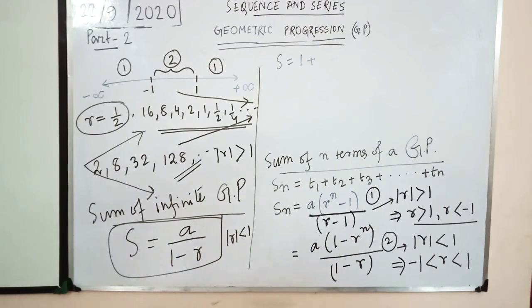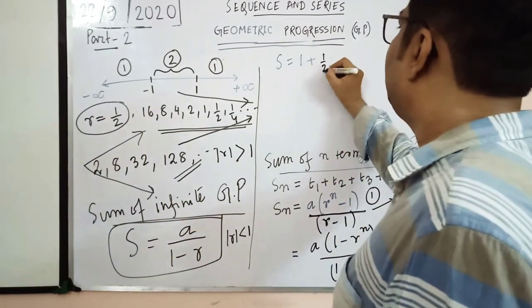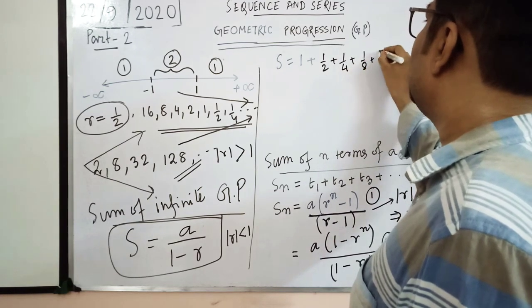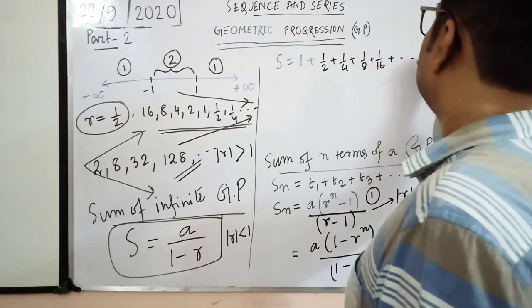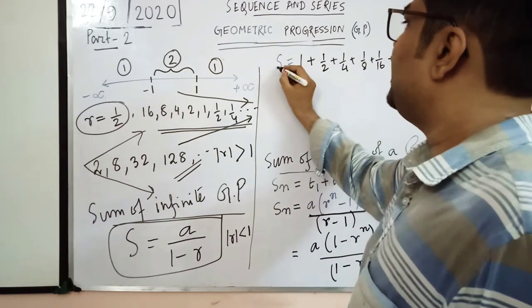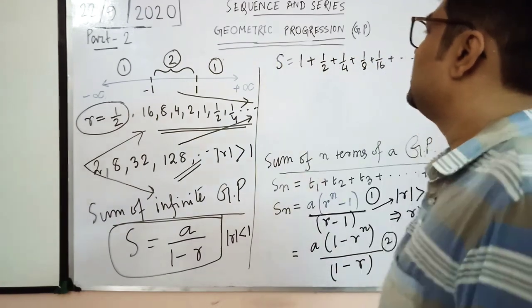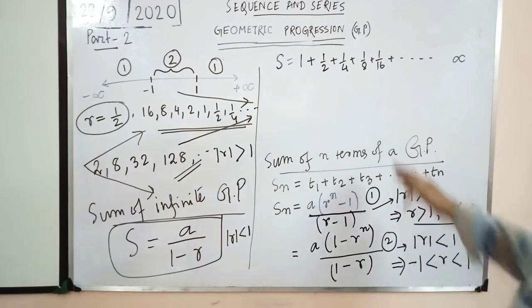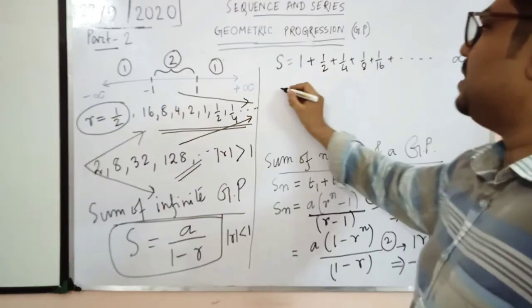So 1, then half, then 1 by 4, then 1 by 8, then 1 by 16, up to infinity. We want to find the summation of this series, which is an infinite GP.